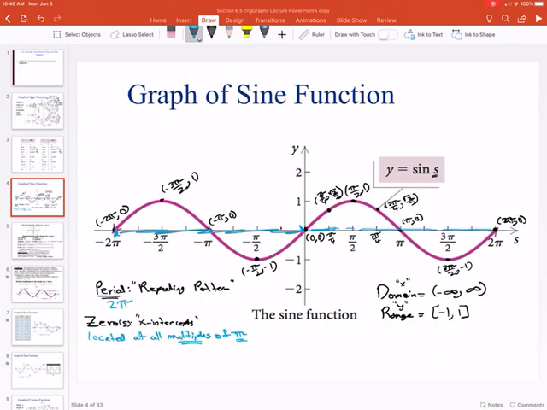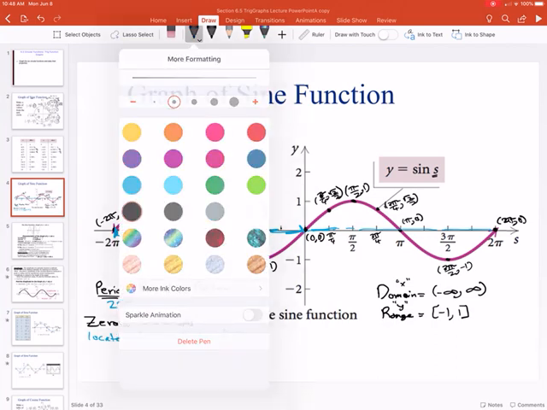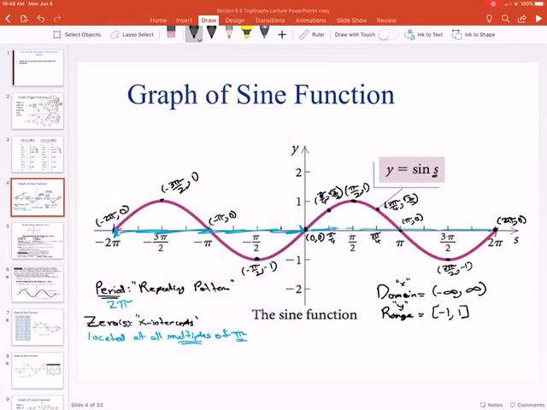All right, and again, our max values. Let's talk about the max points. So we look at some other characteristics. Our relative max points are located at what? Pi/2. And all angles coterminal with pi/2.